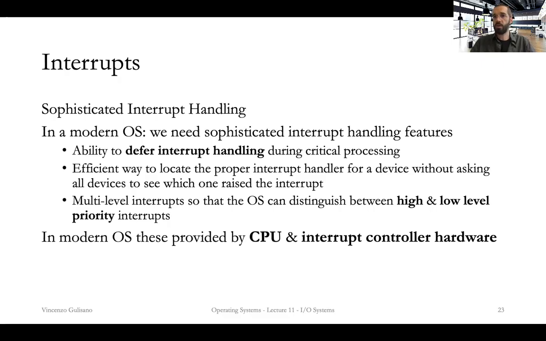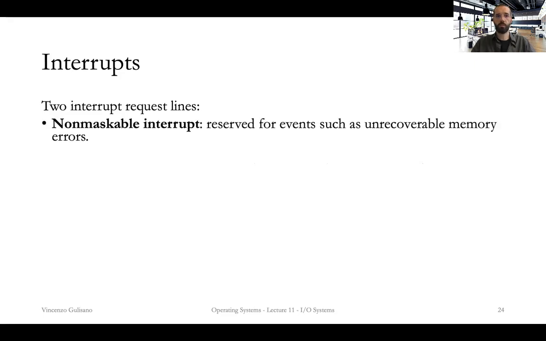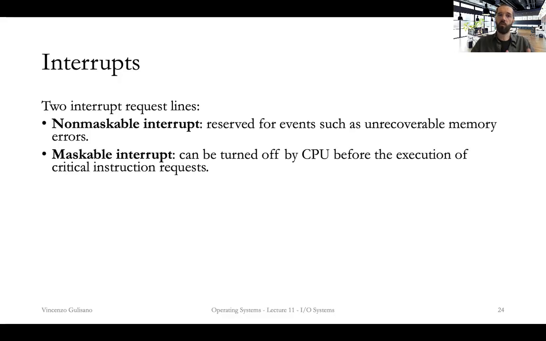And there is, of course, dedicated hardware that is going to manage these different priorities and the interrupts in your computer. So practically, you have two interrupt request lines. One is the one of non-maskable interrupts. Okay, so these are serious interrupts, serious events that need to be addressed as fast as possible. And then you have maskable interrupts that can be turned off by the CPU before the execution of critical instruction requests.